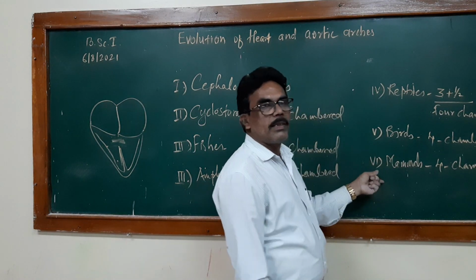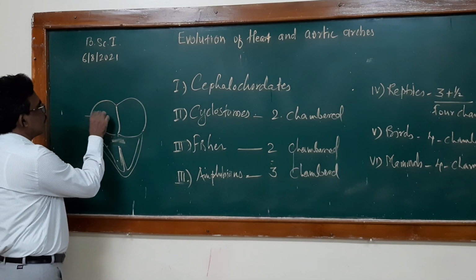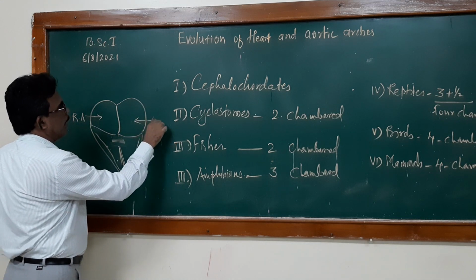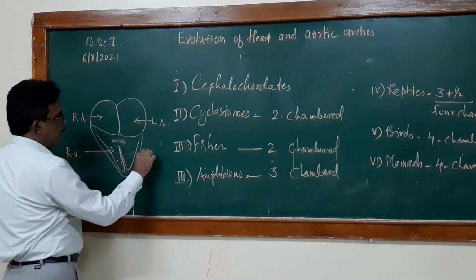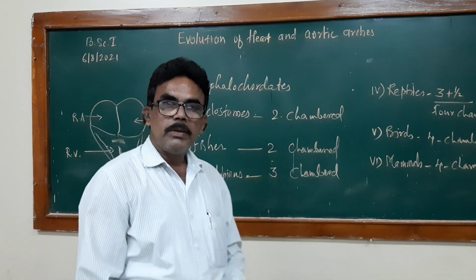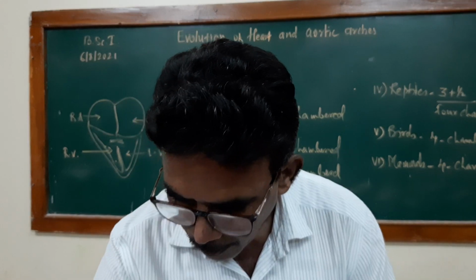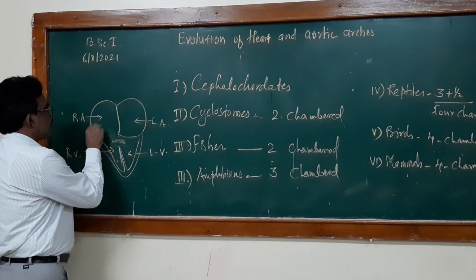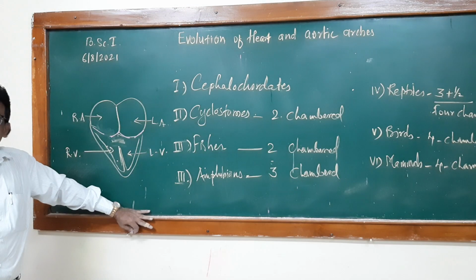And in birds and mammals, regularly there are the auricles and ventricles, that is, the right auricle, left auricle, right ventricle and left ventricle. At the junction of the auricle and ventricle, there will be the bicuspid and tricuspid valve.